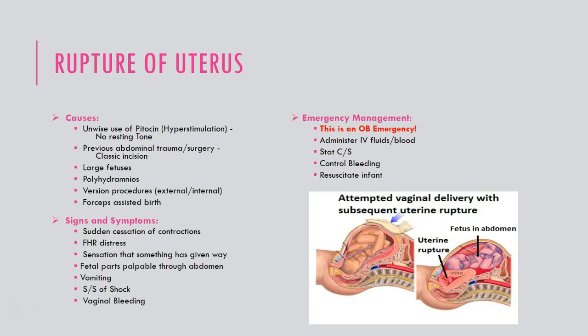If the uterus has been stretched out time and time again, it can cause that uterine window to expand or become more obvious or more thinned out, which puts her at a greater risk for rupture when we're talking about multigravidas.